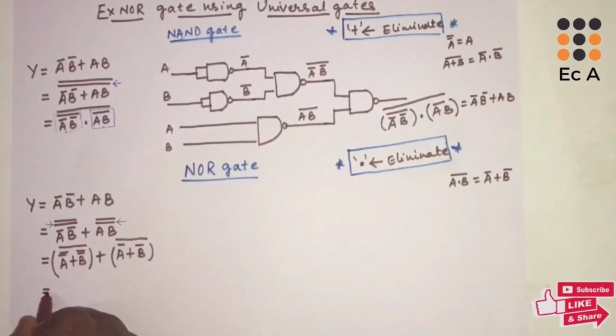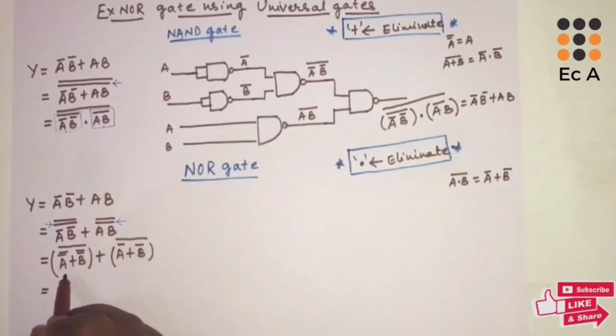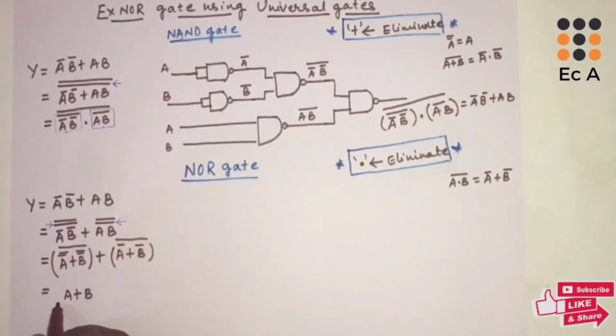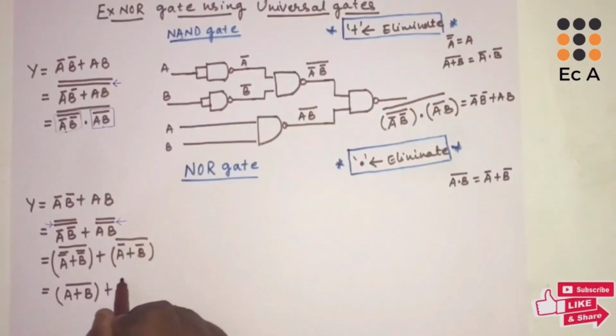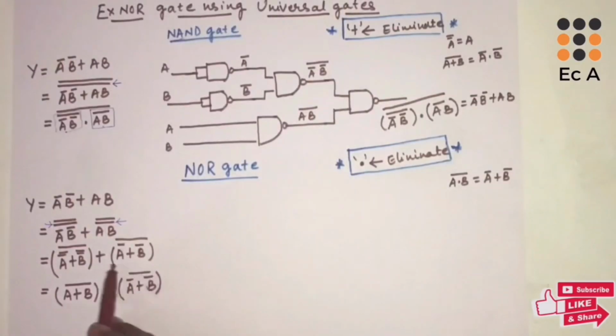So we can write this expression as A double bar, which is A, plus B double bar, which is B: (A plus B) whole bar plus (A bar plus B bar) whole bar. Now we can easily implement this function using NOR gate.